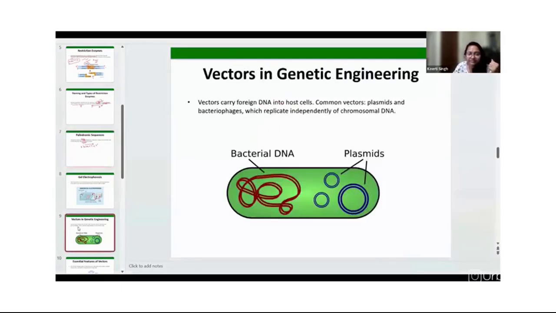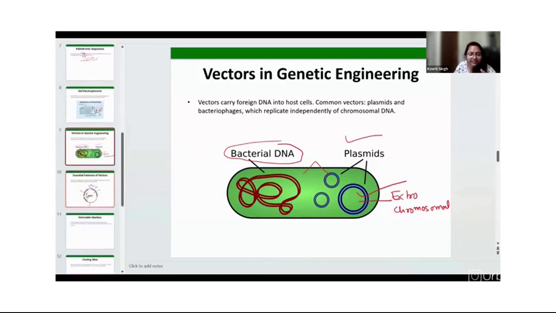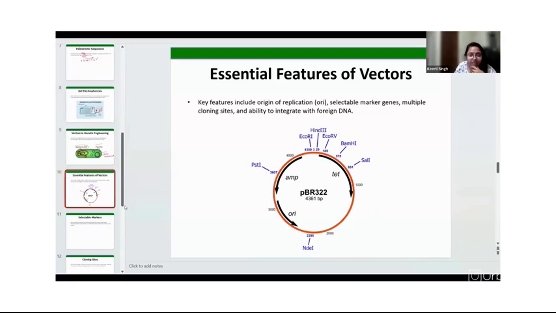See this vector. This is the plasmid. It is present in bacteria. Bacteria have their own genetic material, known as bacterial DNA, but this is an extra chromosomal DNA, right? So this is the extra part. It will synthesize on its own. It is not dependent on the bacterial DNA, right?